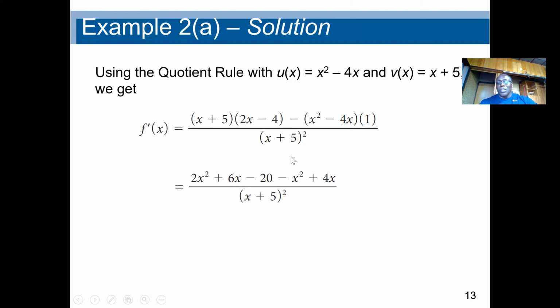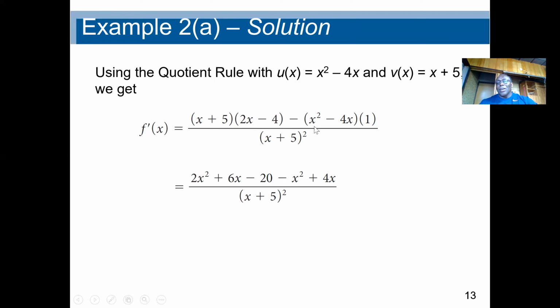Now we simplify the expression. We remove the parentheses. So x times 2x will give me 2x squared. x times minus 4 will give me minus 4x. 2 times 5, 10x. Then 5 times negative 4 will give me minus 20.